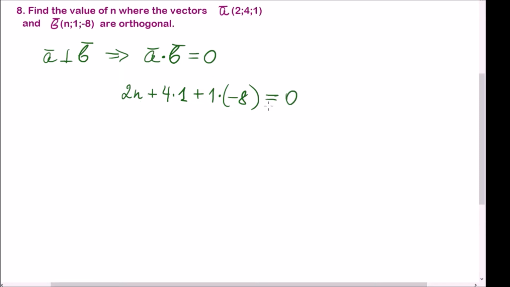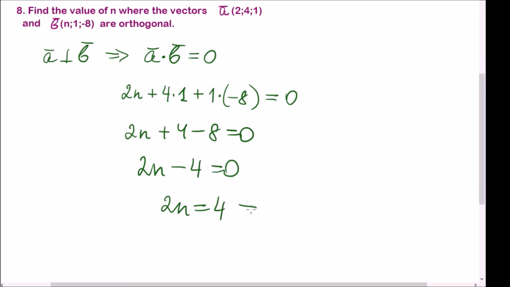So we have the equation with unknown n: 2n plus 4 minus 8 equals 0. 4 minus 8 is minus 4. From here, 2n equals 4, and to find n, we should divide 4 by 2. It's our answer: n equals 2.